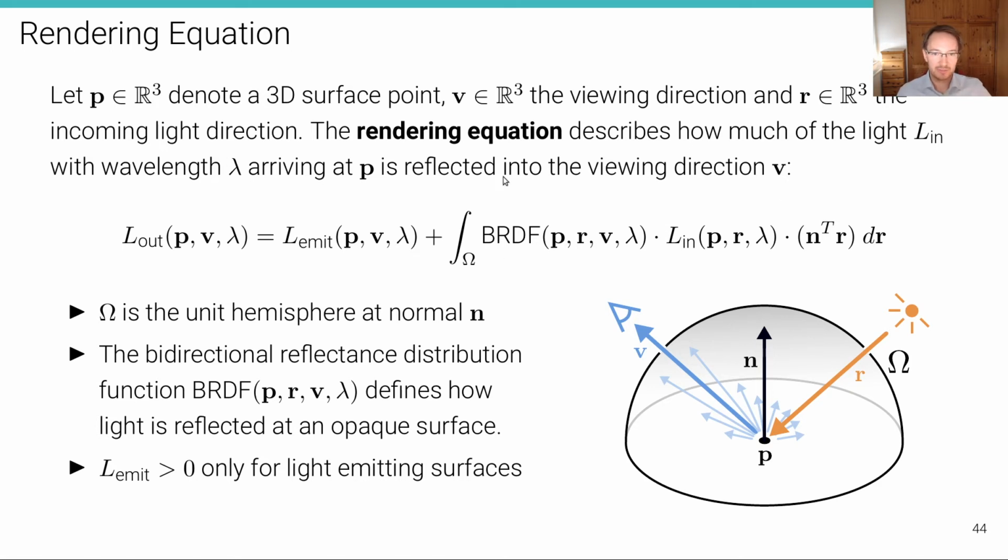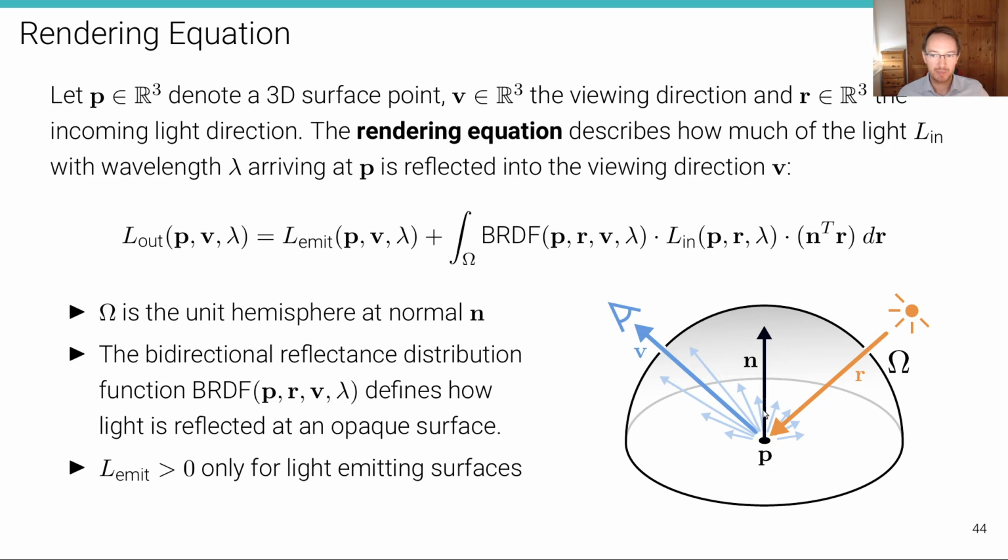To understand the very basics of this equation, let P be a 3D surface point here. Let's assume this is a surface, and let V be the viewing direction and R the incoming light direction. So we have an incoming light here in yellow and the viewing direction in blue.